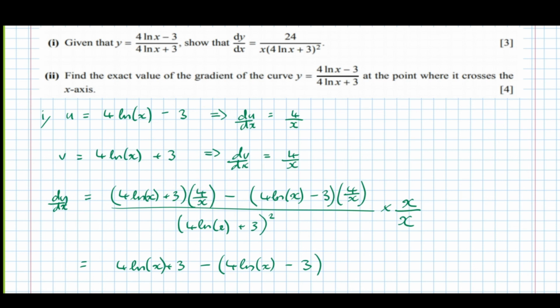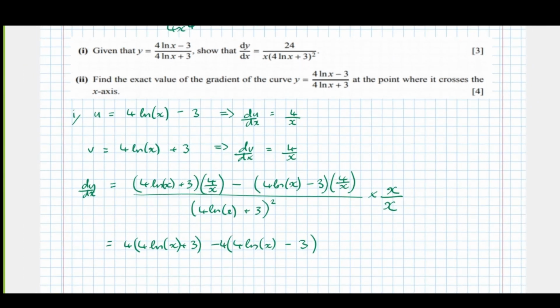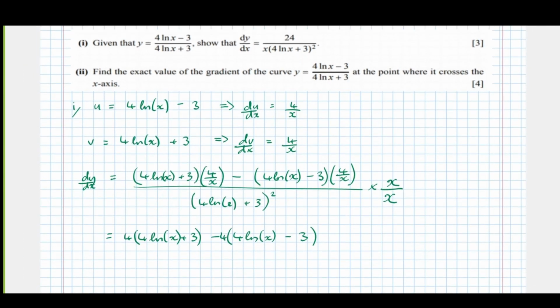So best not forget that 4. 4 lots of that. Take away 4 lots of that. And on the bottom now, remember to times the bottom by x as well. So x times 4 log x plus 3 squared.